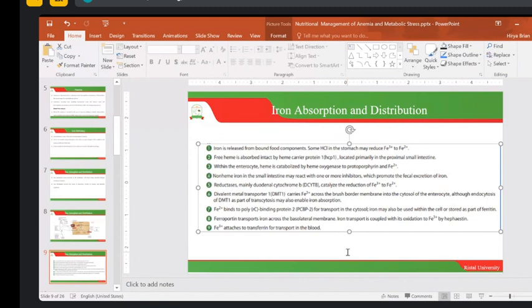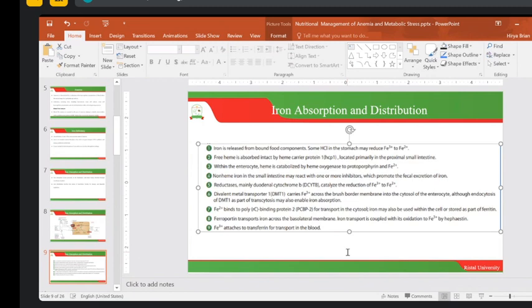But really, the key points to talk about here are that there are two forms of iron: the non-heme iron, from the plant sources, and then the heme iron, from the animal sources.